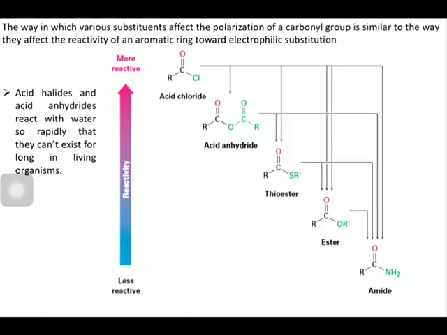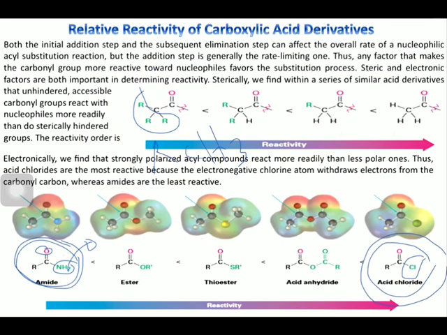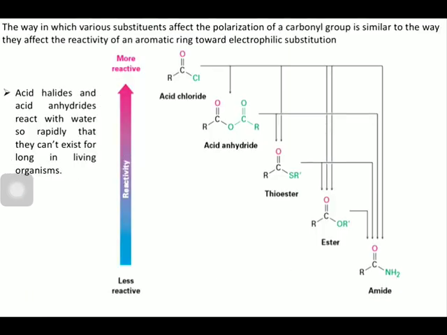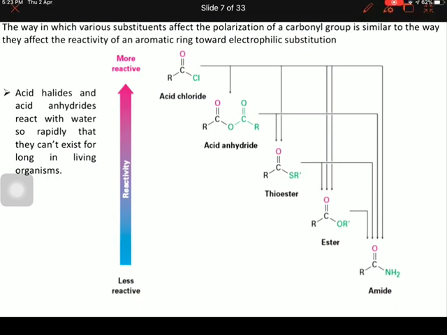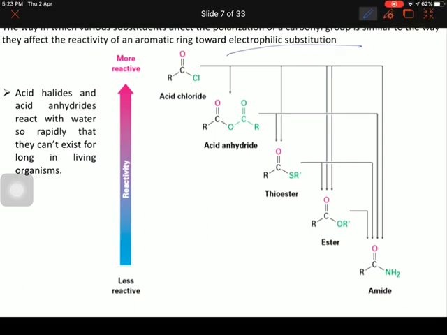So the conclusion is two things controlling the reactivity. The first one is the bulk, steric hindrance. The second one is the polarity of the compound. For aromatic electrophilic substitution, it is the same as we mentioned previously.